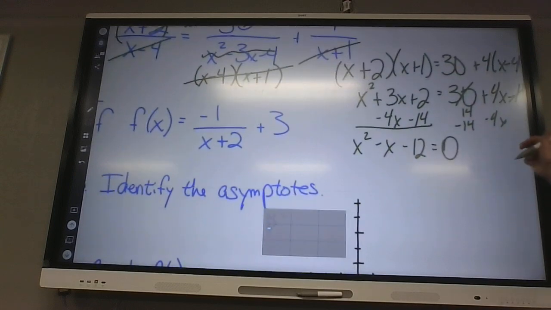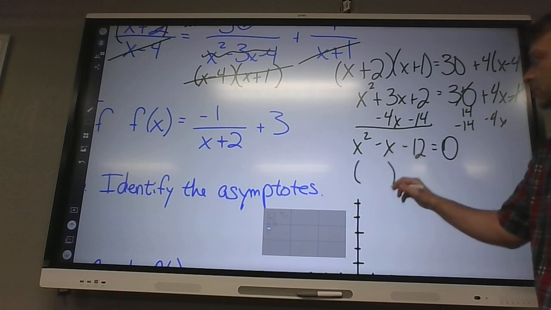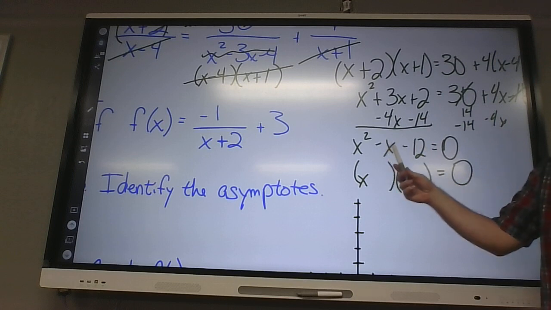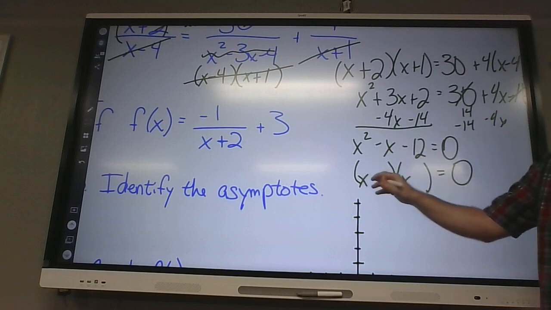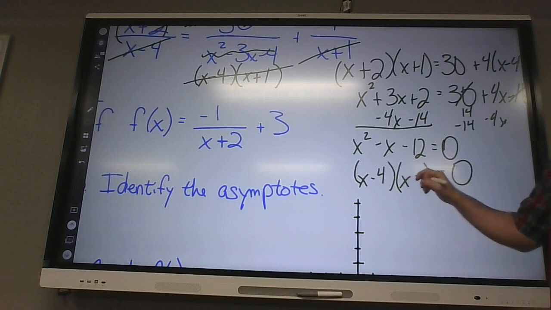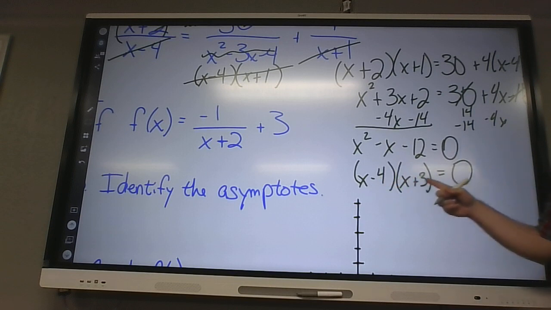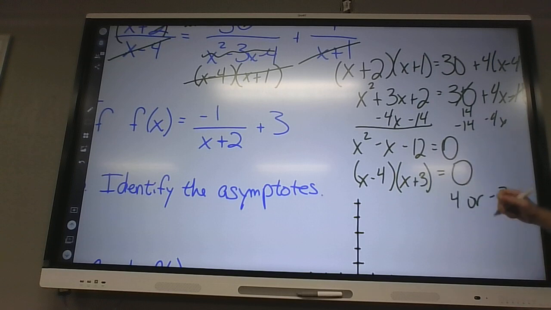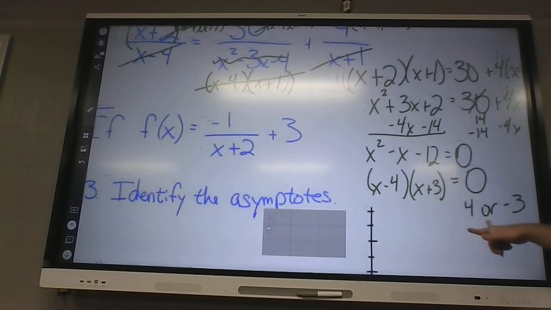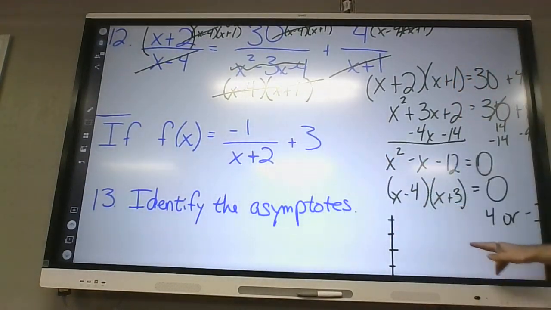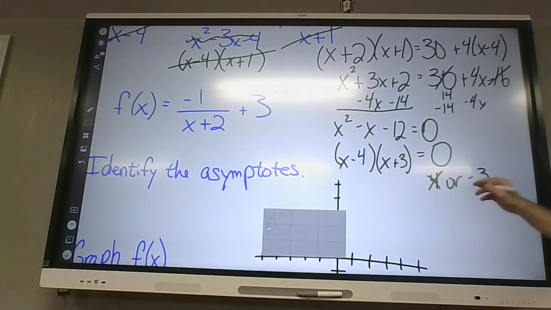Okay, that factors. What goes into negative 12, multiplies into negative 12, that adds up to negative 1? Okay, what x values would make these factors equal 0? Does that screw up any of our denominators? 4 is a no-no, negative 1 is a no-no, so we have to get rid of the 4.